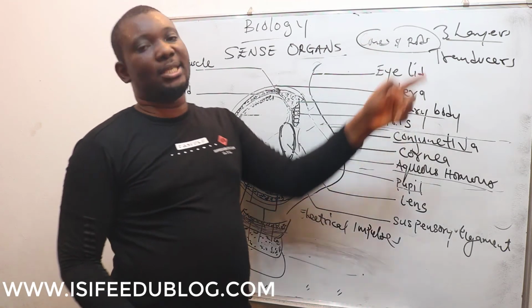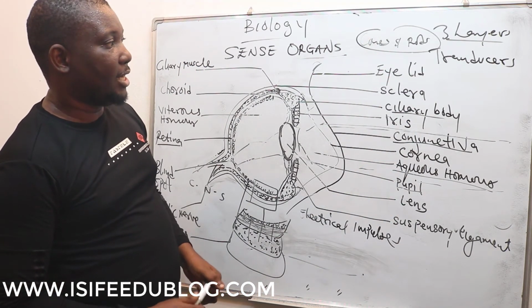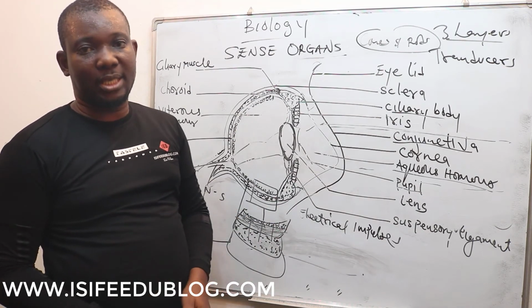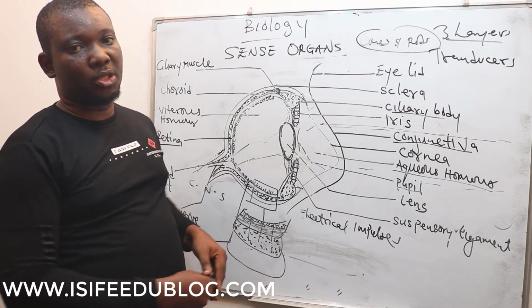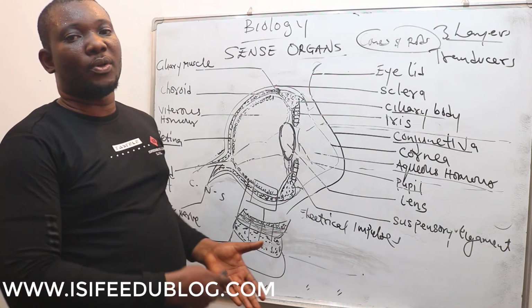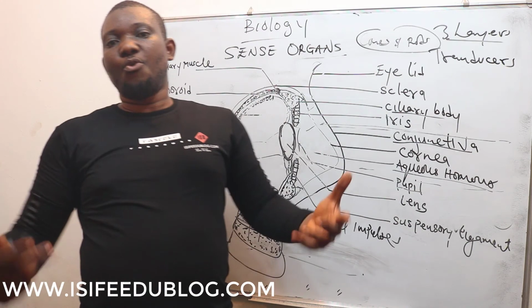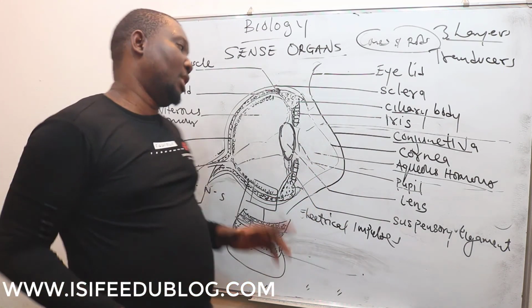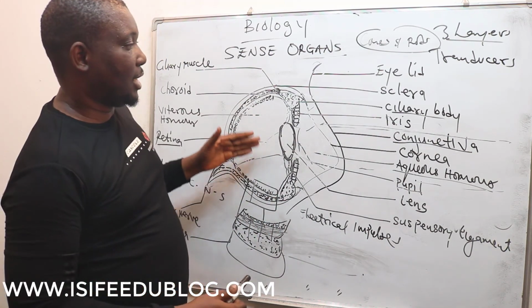These are two sensitive cells, the most important cells of the eye, that convert this wave to impulses, which are carried away from the eye through the blind spot by the optic nerve. The optic nerve moves these impulses away from the eye to the central nervous system, that is the brain, where these impulses are interpreted as an image.